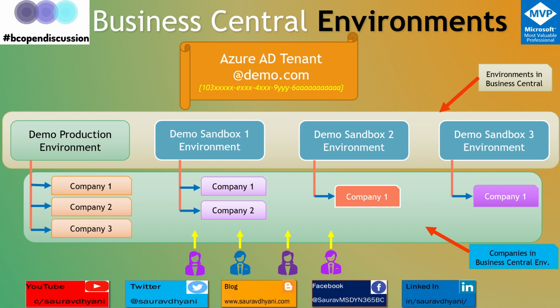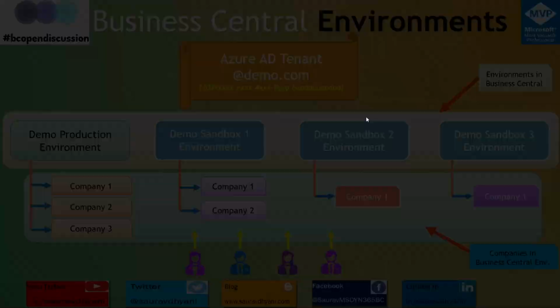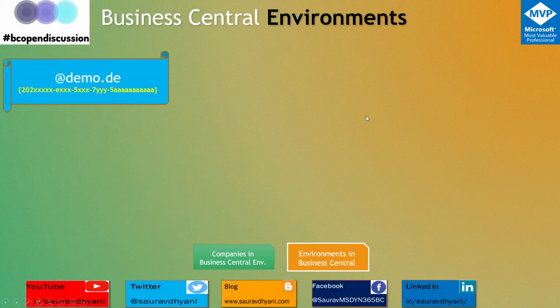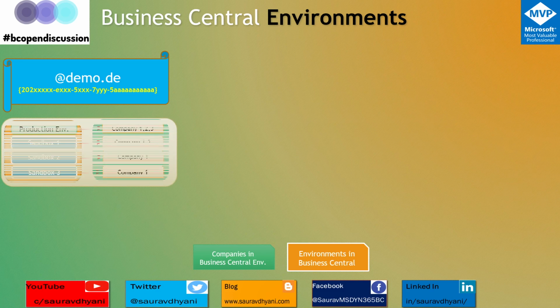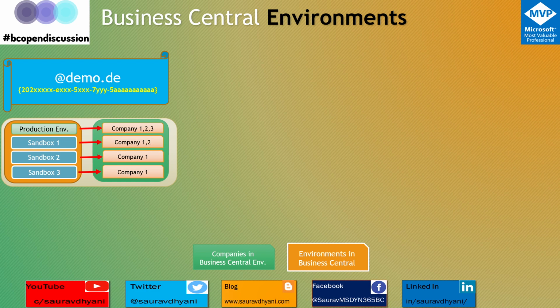But now let's see the other side of the fence, where you have multiple Azure tenants. What happens in that case? You have demo.de as your tenant, and inside that you have some environments: production and three sandboxes, which is the max capacity. This is just for demo purposes. You might have only one sandbox, or two sandboxes, and so on.